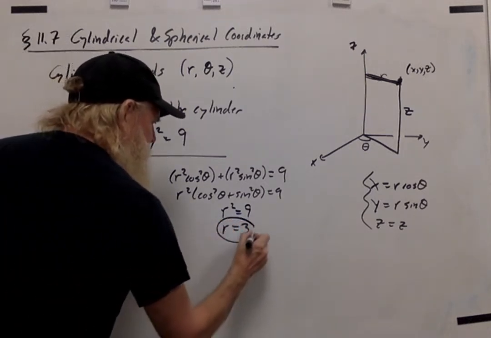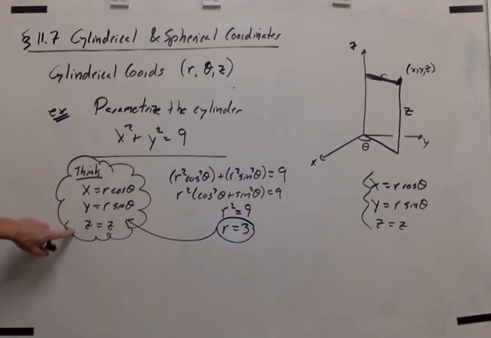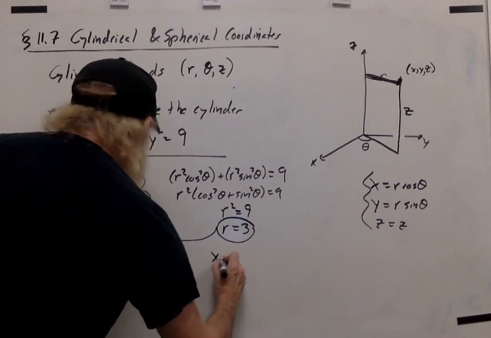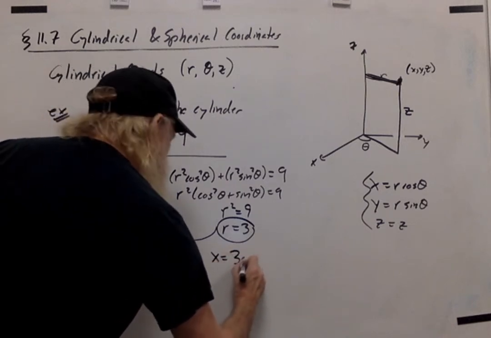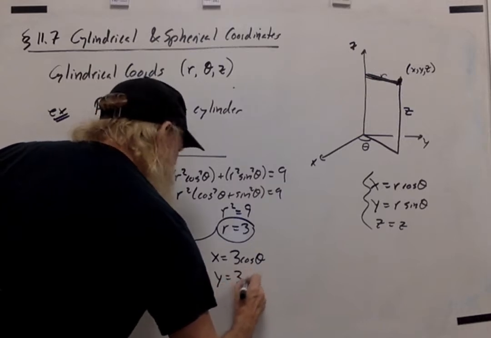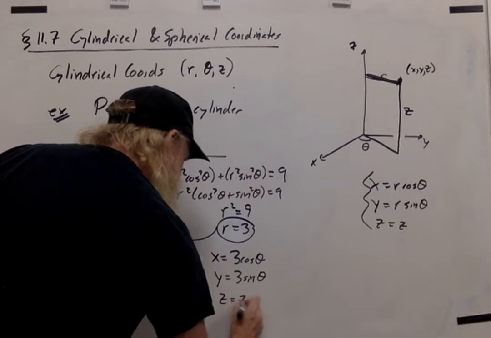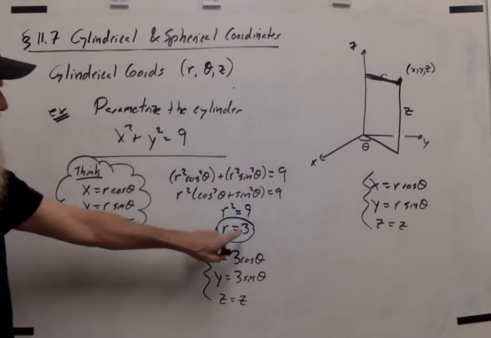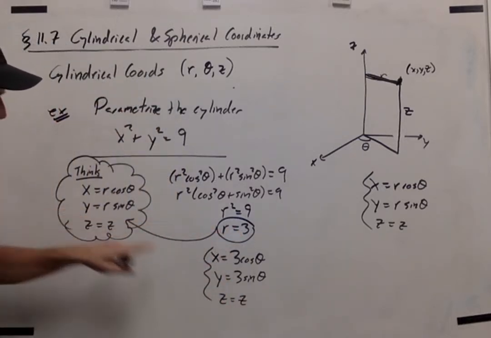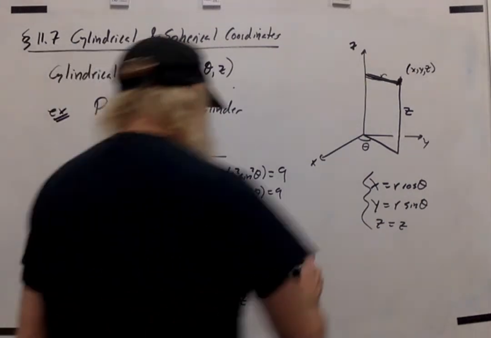You then take that fact and substitute it back into the general cylindrical coordinates formulas. That will give us x equals 3 cosine theta, y equals 3 sine theta, and z equals z. Notice that by substituting r back in, I now only have 2 parameters left. Remember, when you parameterize a surface, you should only have 2 parameters.